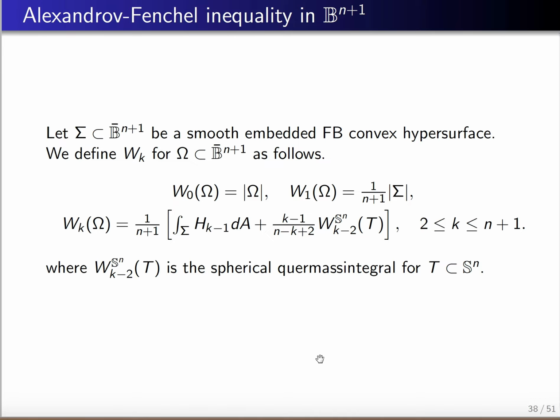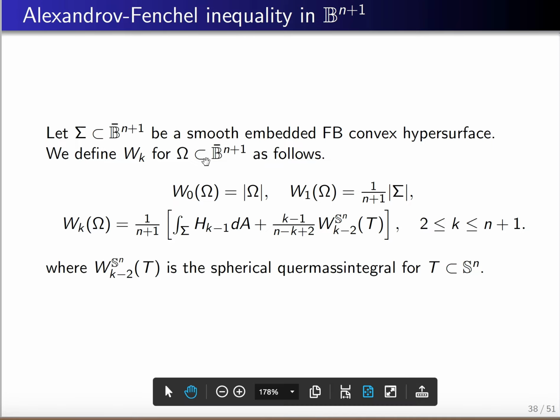So if you have a hypersurface in the n+1 dimensional ball, which is a smooth embedded free boundary convex hypersurface inside the ball, we define Wk for this omega as follows.